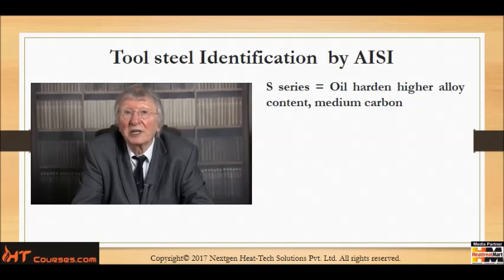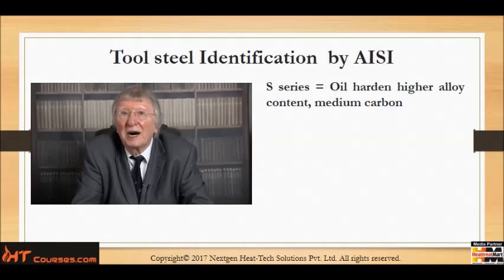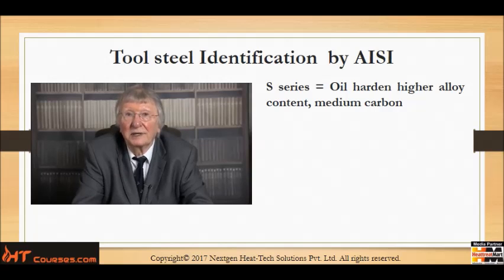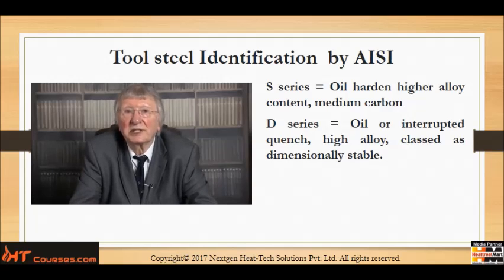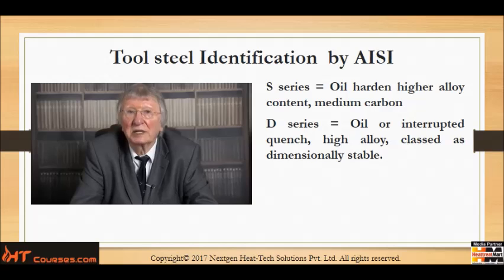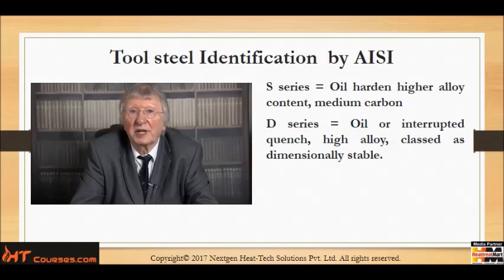It requires oil hardening, has a higher alloy content, and it has medium carbon content. D series. The D series stands for dimensionally stable series. And those are typically oil or interrupted quench from the austenitizing temperature. The high alloy steels classed as dimensionally stable steels.